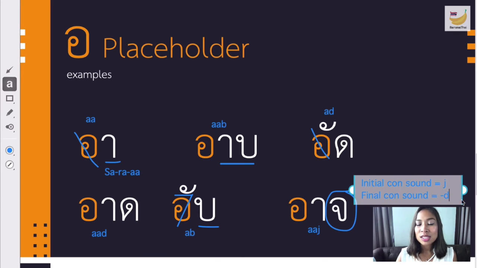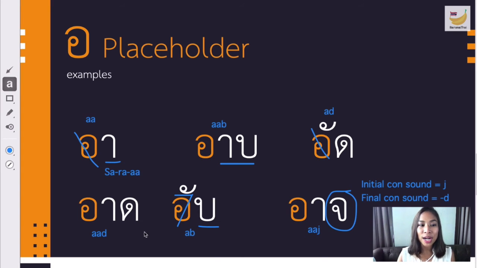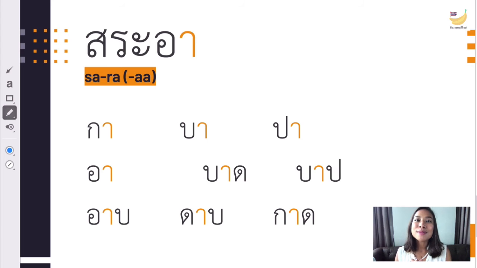So that's why this word is not pronounced aj but instead we pronounce it ad, like ดอเด็ก. Like this, so ad, ad. That's it for the placeholder. You got it? เข้าใจไหม เข้าใจนะ เก่งมากค่ะ.